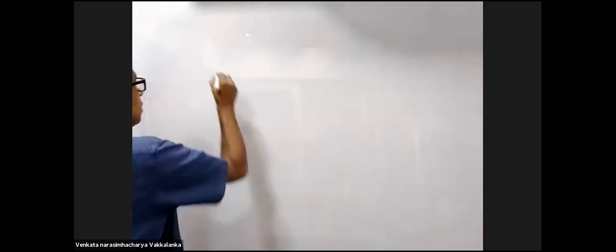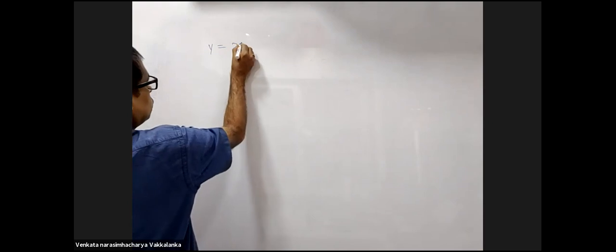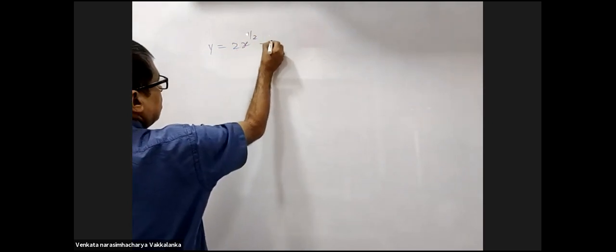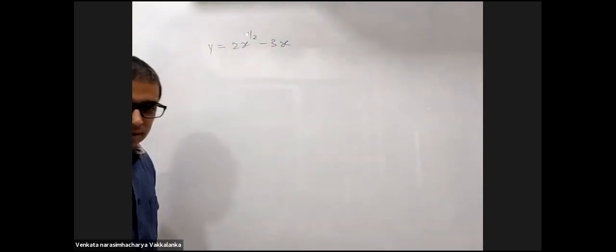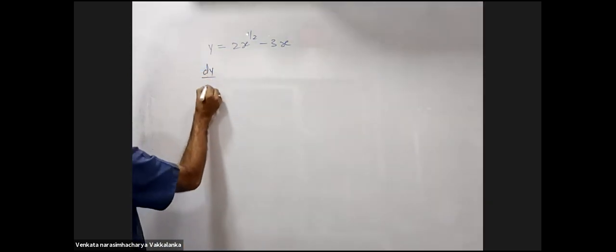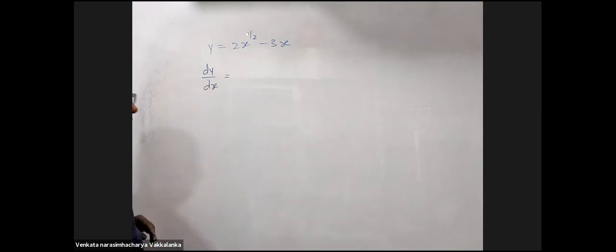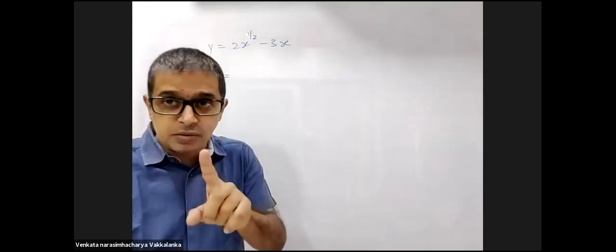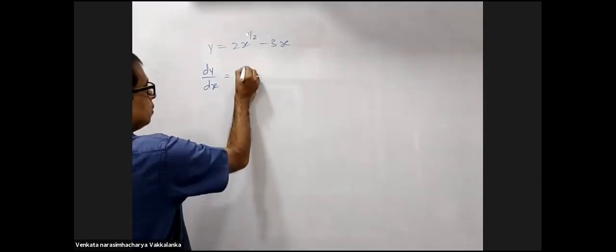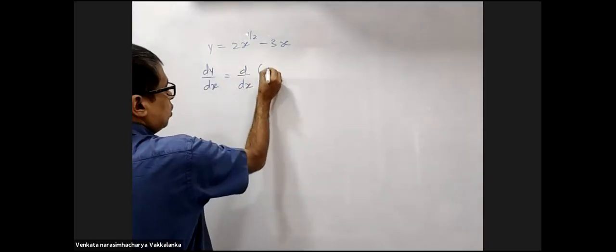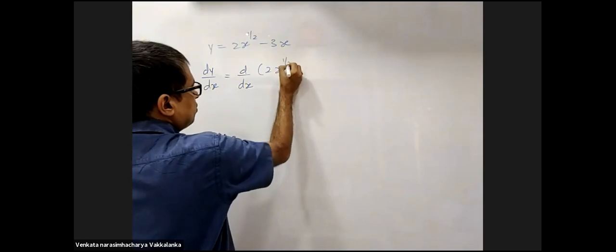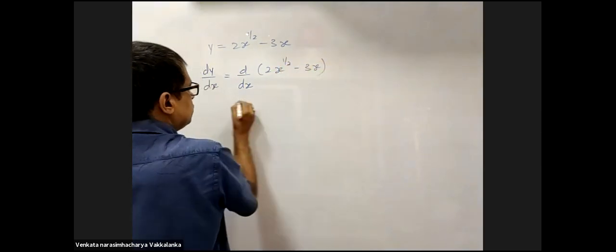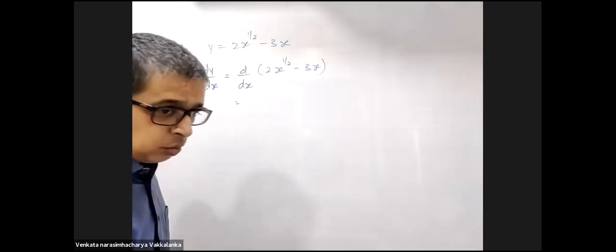Now listen. Suppose I take 2x to the power half minus 3x. I want to differentiate this. You are asking me dy by dx. After 1 or 2 problems, you will start solving it. So please pay attention. D by dx of 2x to the power half minus 3x. First step, is it clear to all?